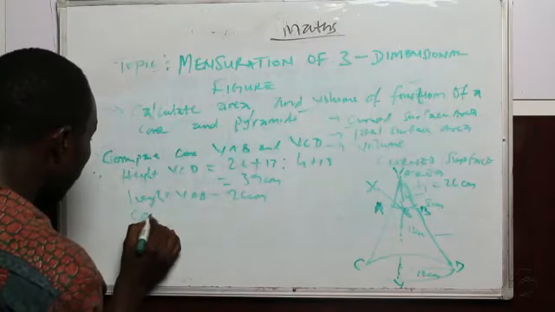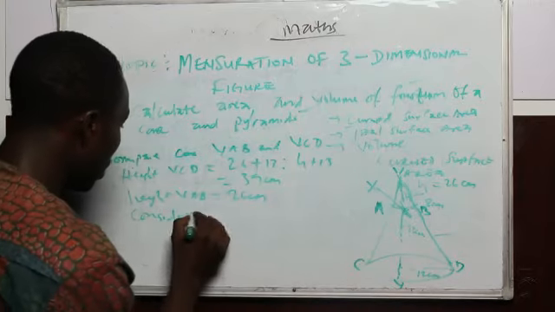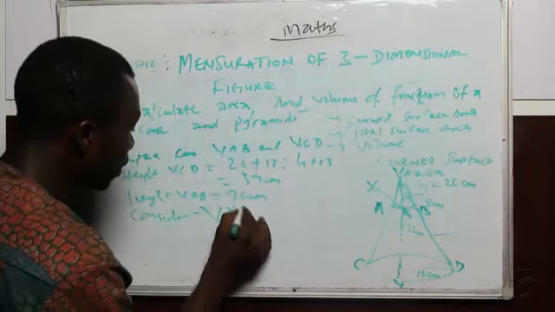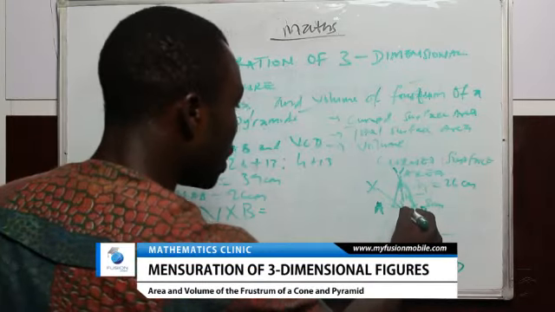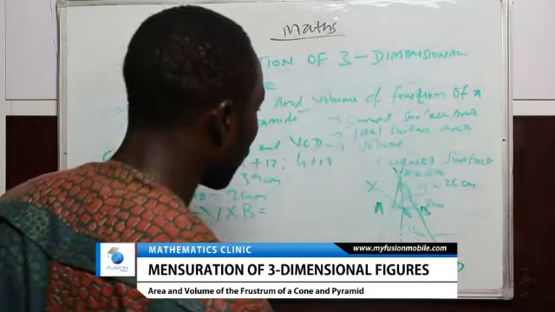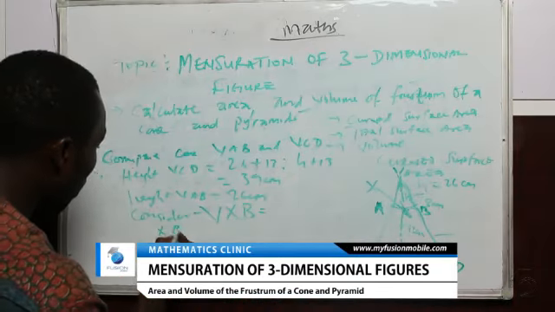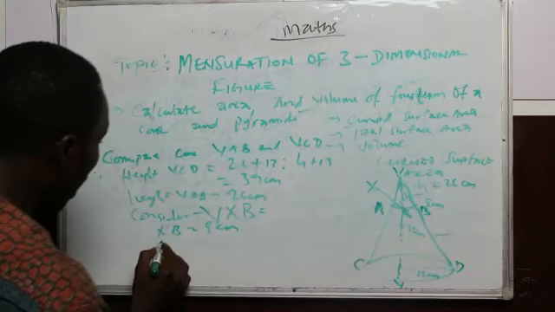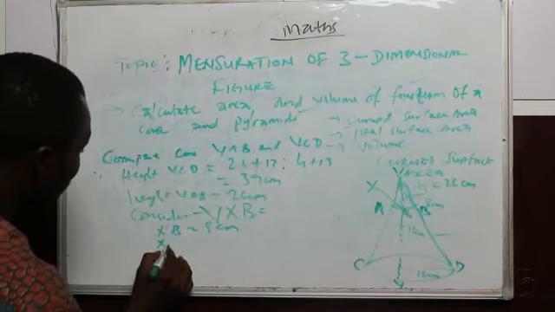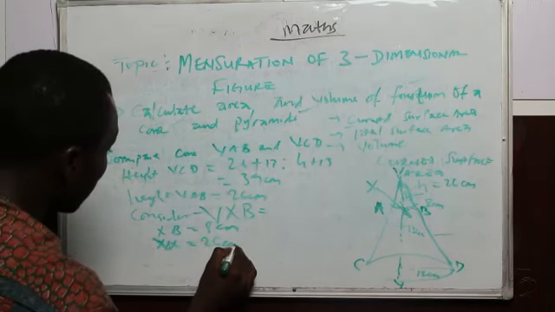Now, consider phi sp. We have our sp to be 8 centimeter, and we have phi x to be 26 centimeter.